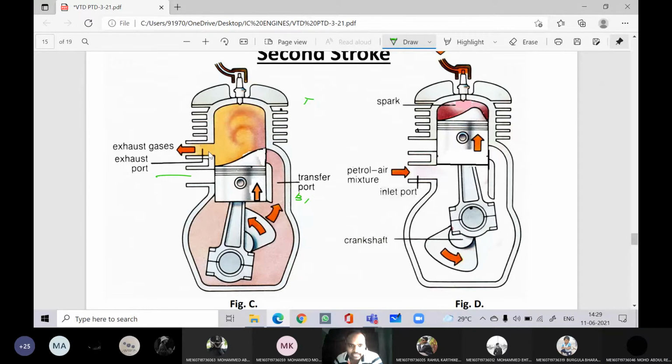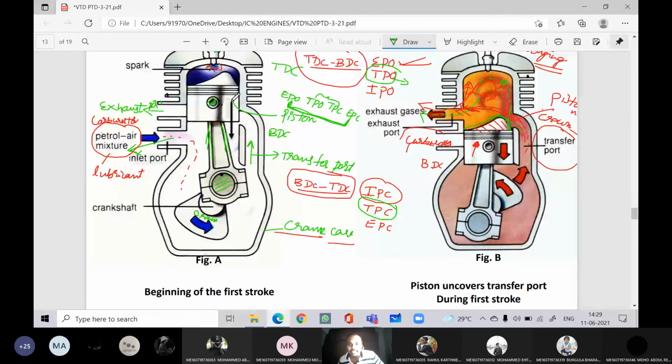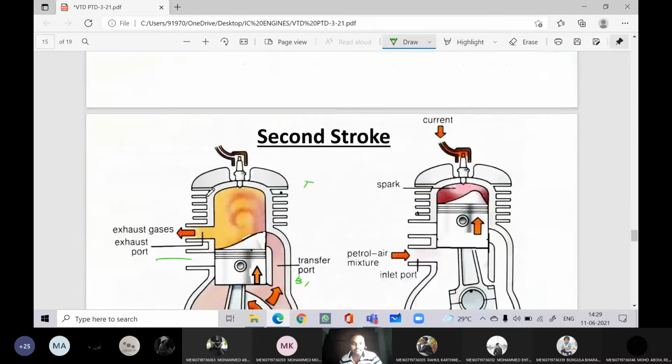When is the exhaust port opened? In the previous stroke, when the piston is moving from TDC to BDC, the exhaust port is open. Immediately after the exhaust port, the transfer port is opened. Agree?